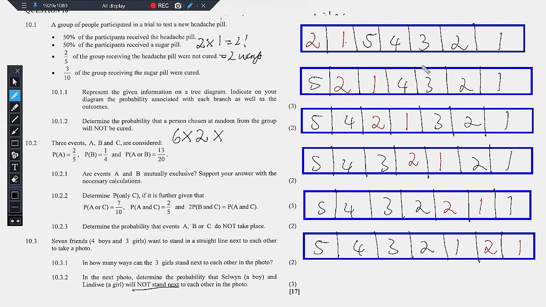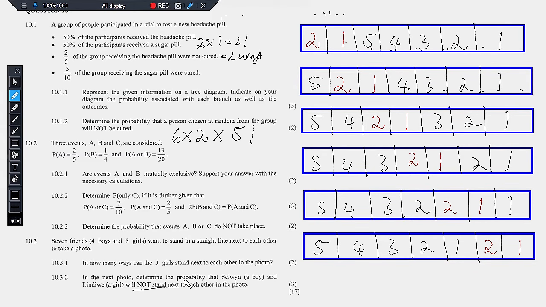But then for the other students that must be placed randomly, in how many different ways can we arrange them? If you look at this 5, 4, 3, 2, 1, that's 5 factorial, right? So we have 5 factorial ways to arrange the other learners randomly. So we have 2 different ways to arrange Lindy and Selwyn, and all the different combinations that we can have are 6 in total.